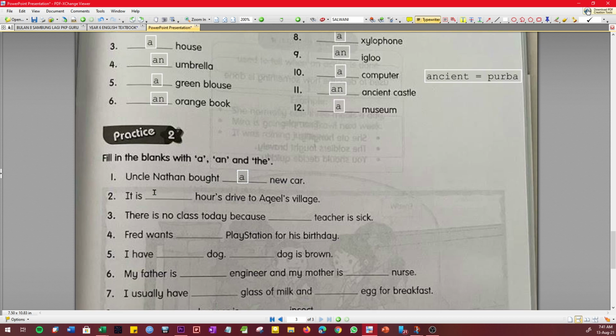It is mentioned only for the first time. Sekali saja, baru sekali saja kita. It is hours drive. So sama macam tadi. What is it? And there is no class today because, I will underline the keyword. This is the key.